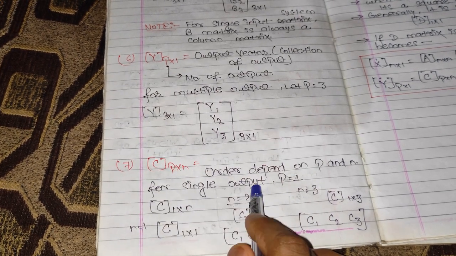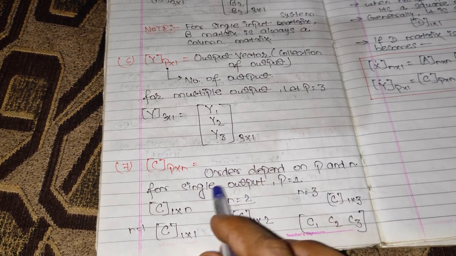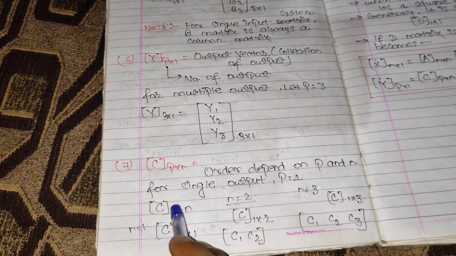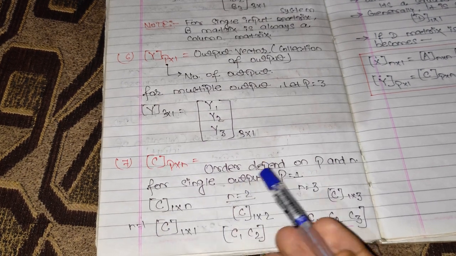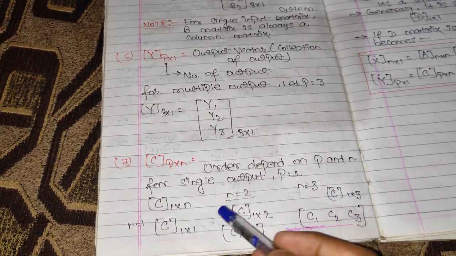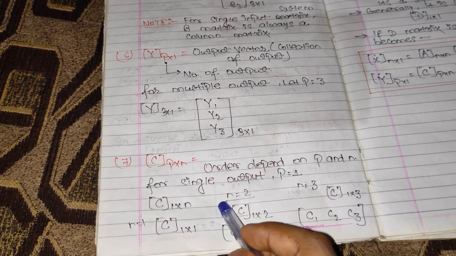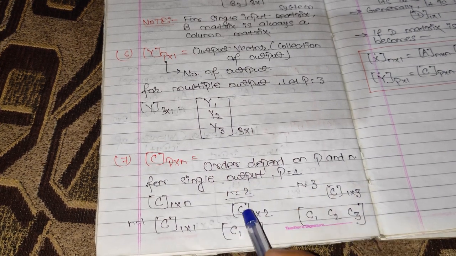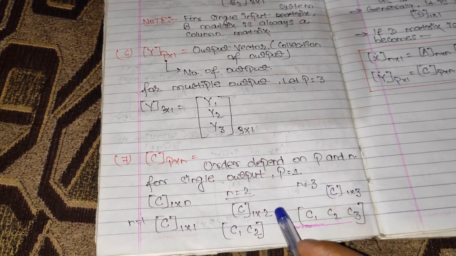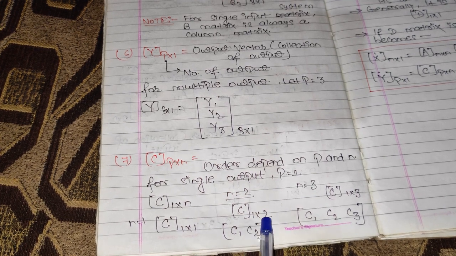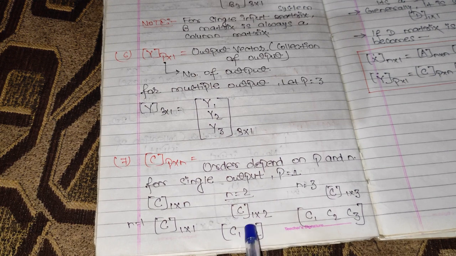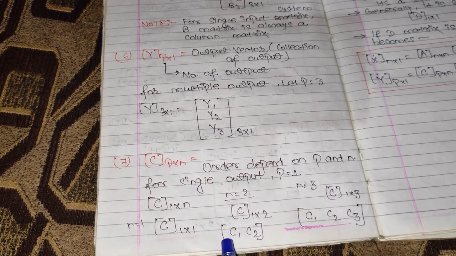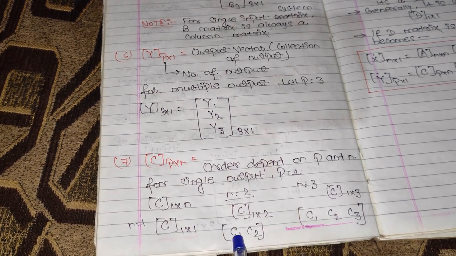So for a single output, that means p equal to 1, we will get a matrix C of 1 cross n, and it completely depends upon the question how much value we put for n. If we put n equal to 2, then the matrix will be C, 1 cross 2. Here 1 is the number of rows and 2 is the number of columns. So we will get c1, c2, meaning a single row but 2 columns.